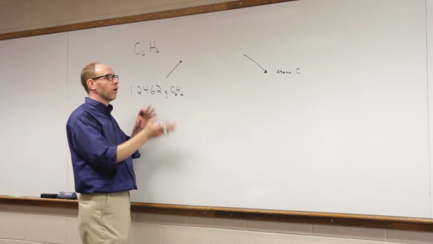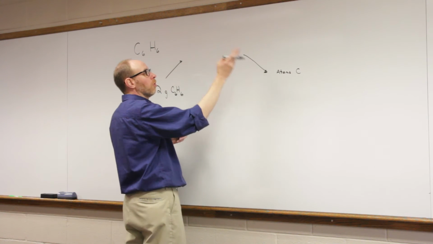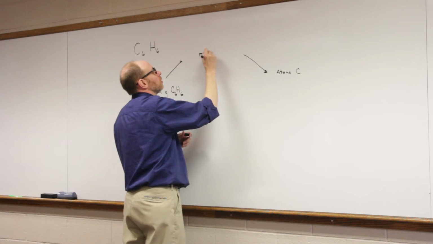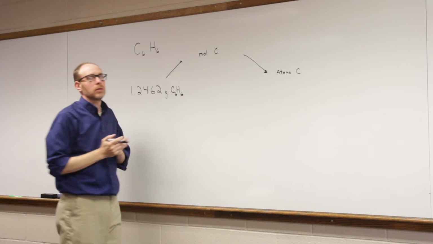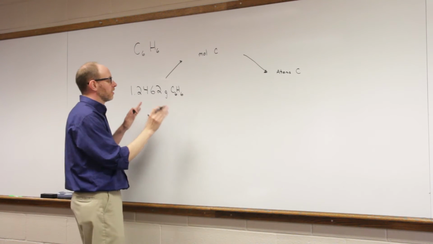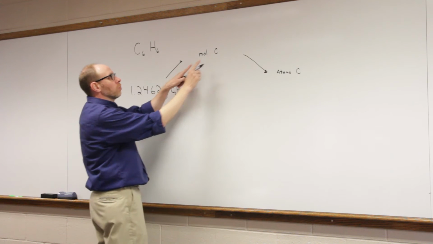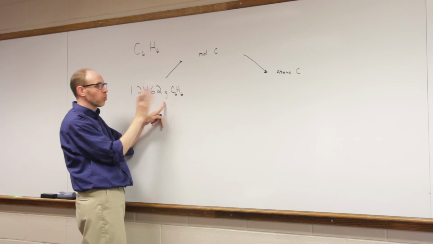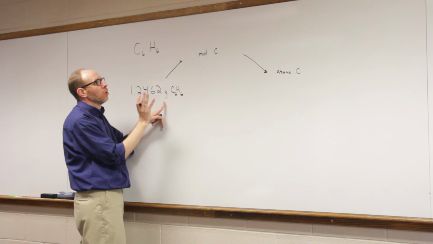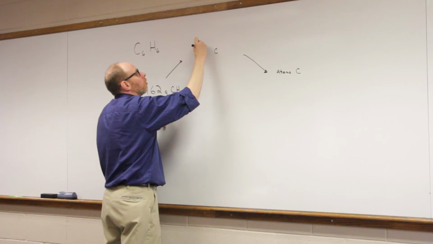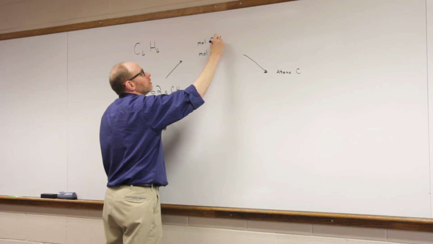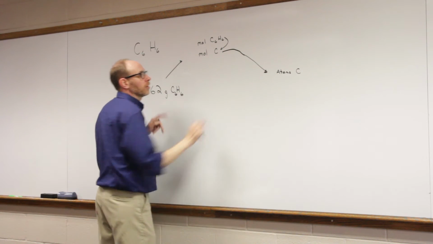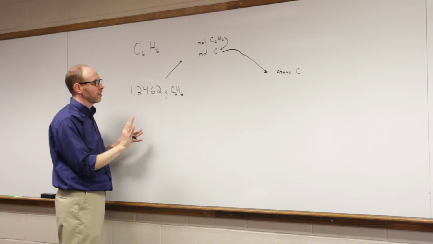So we could go from atoms to moles or moles to atoms to get that final answer. But remember that it's not so simple. We don't know how much carbon is in this particular compound, at least not right looking at the problem. So we're going to need to also go to moles of benzene and then go to moles of carbon, and that will allow us to calculate the number of atoms of carbon. So let's go ahead and start working through that.